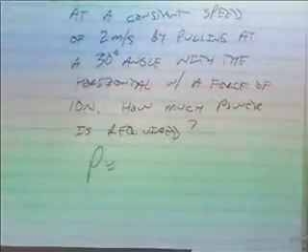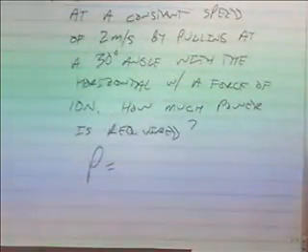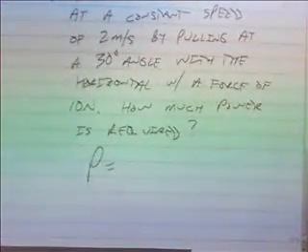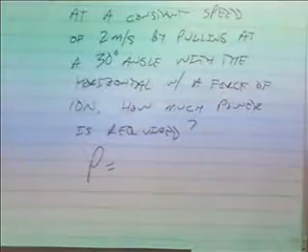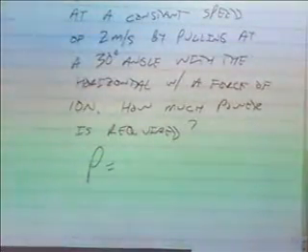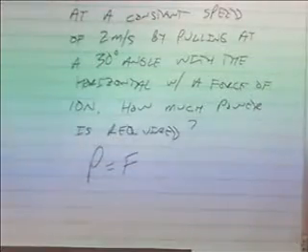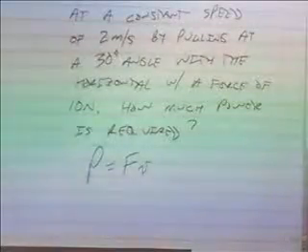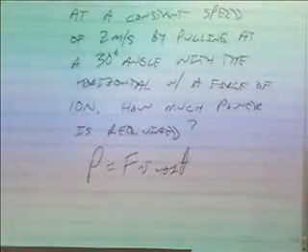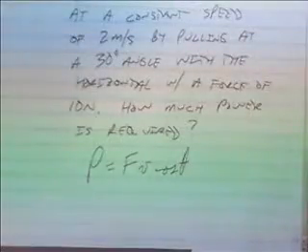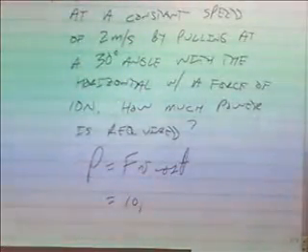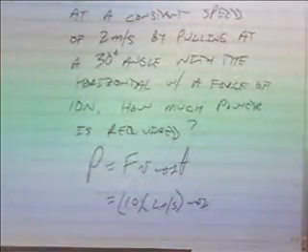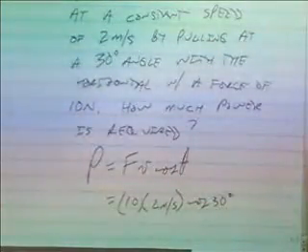I know power equals force times velocity times the cosine of the angle between the force and velocity vectors. Force is 10 newtons, velocity is 2 meters per second, and the angle is 30 degrees.